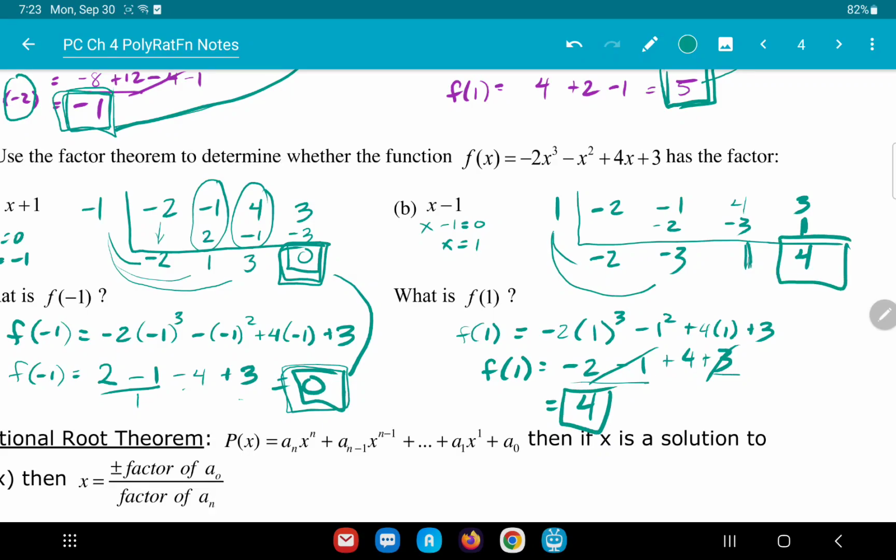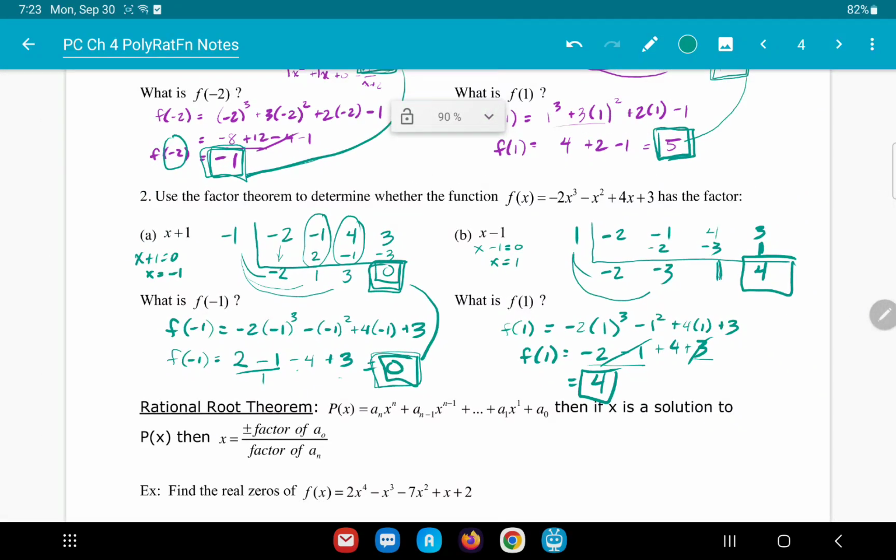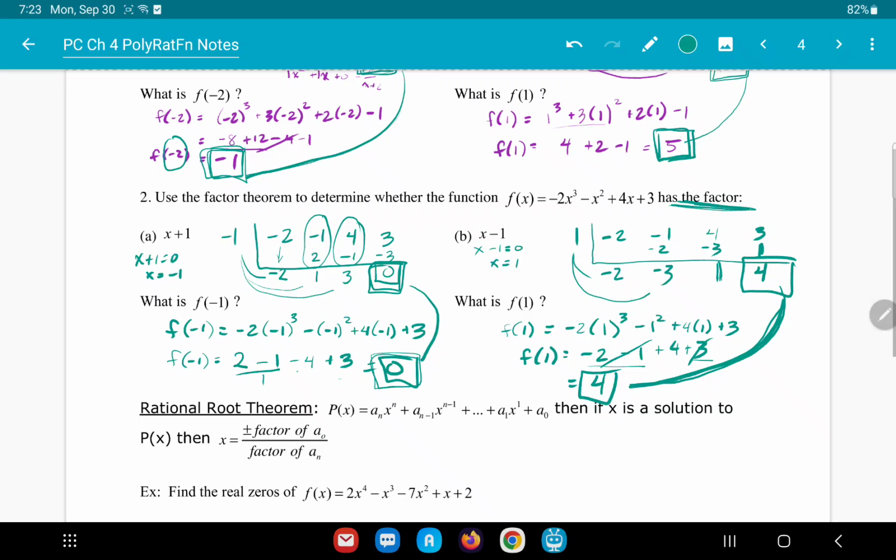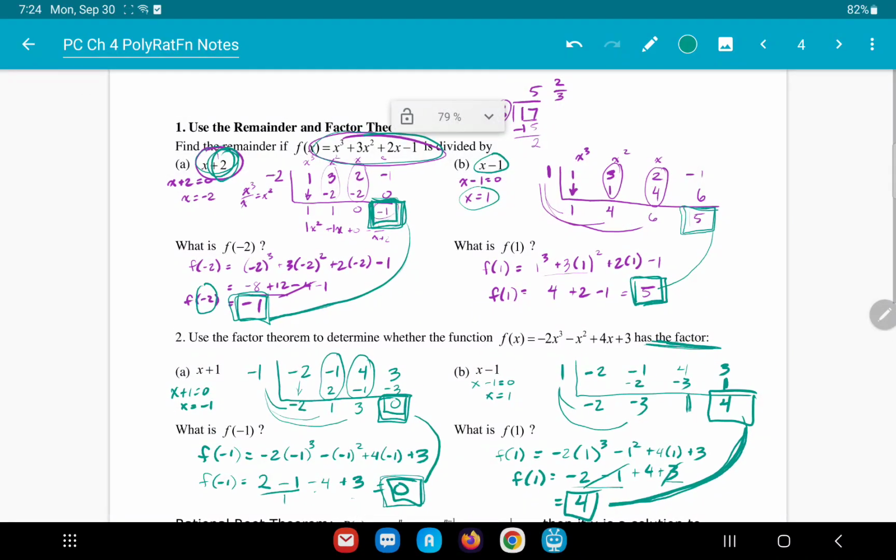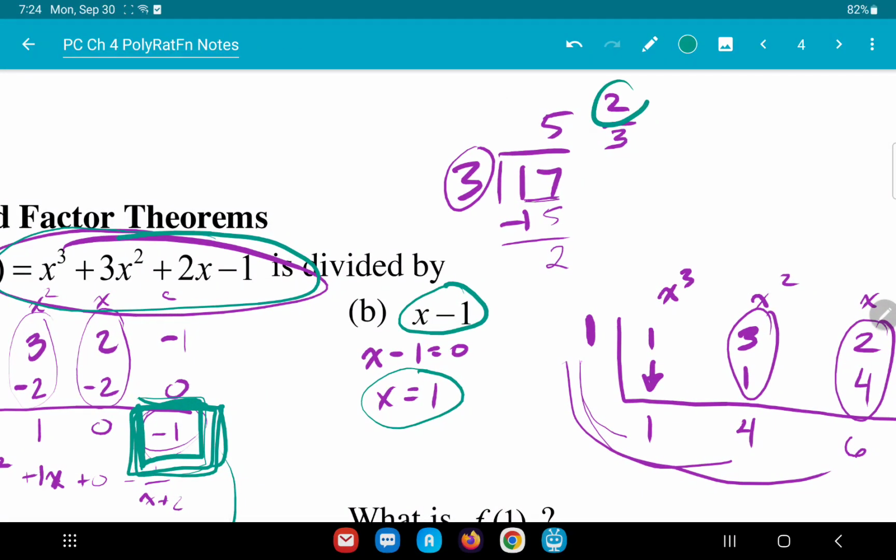The question that this problem was actually asking us is, when we use this theorem, we want to find out if these binomials are actually factors. Because we were not getting a remainder of 0, that means it wasn't a factor. Think about how we divide numbers: if you end up getting a remainder, that's telling you that the number you were dividing by is not a factor.